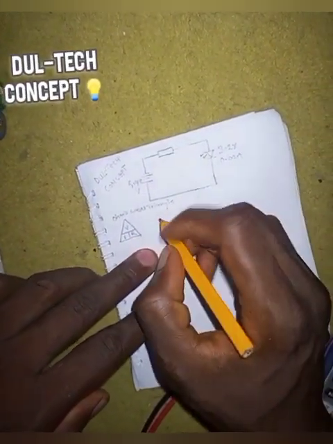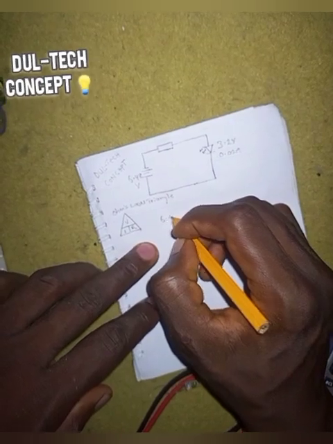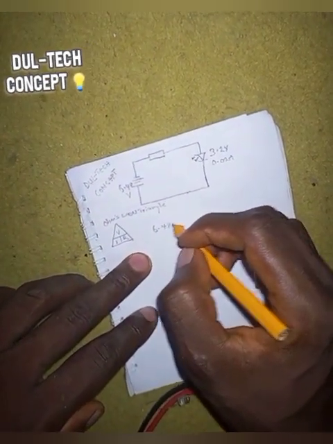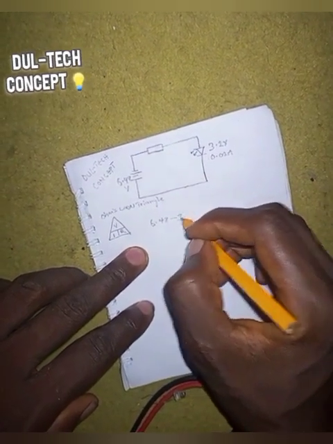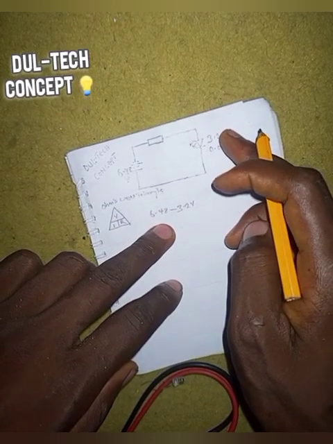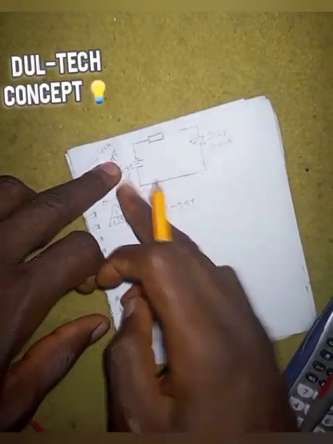Now the first thing we need to do is subtract our input voltage by 3.2 volts. That's to subtract the voltage that this LED operates on from our input voltage.